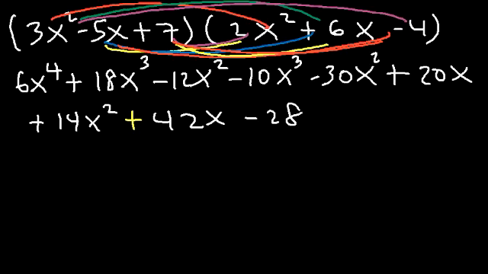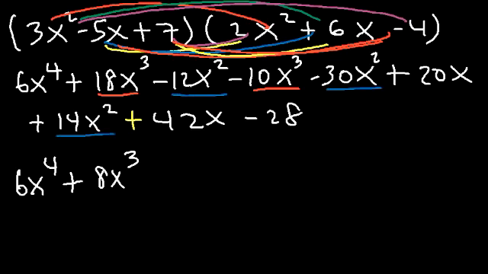Now let's go ahead and combine like terms. So we have 6x to the 4th, and we can combine these two. 18 minus 10 is positive 8. And there's 3 terms with an x squared attached to it. Negative 12 plus 14 is positive 2. And positive 2 minus 30 is negative 28.